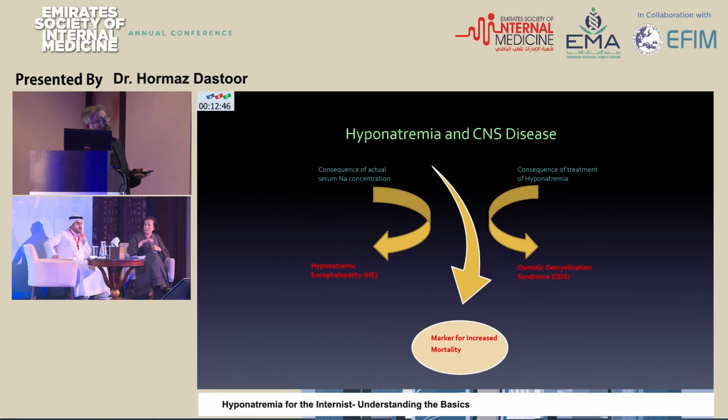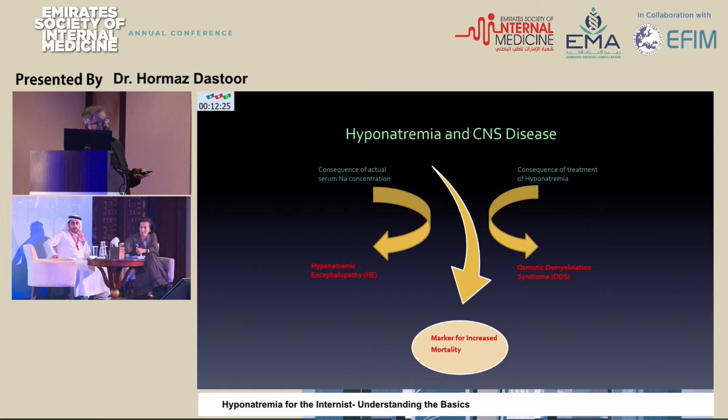So hyponatremia is dangerous for the CNS, but also you need to realize that treatment of hyponatremia can also have CNS effects. So if you have acute hyponatremia, where you have an acute swelling in the brain cells, that condition is called hyponatremic encephalopathy.